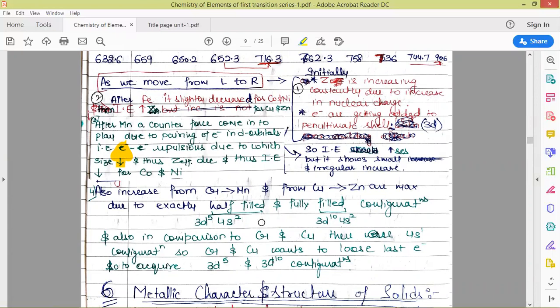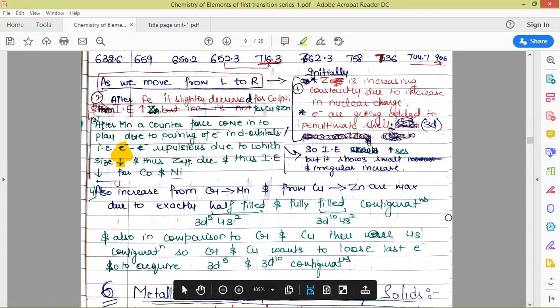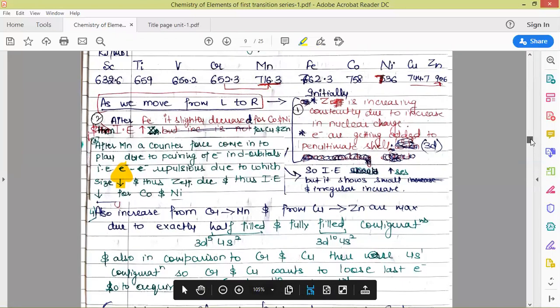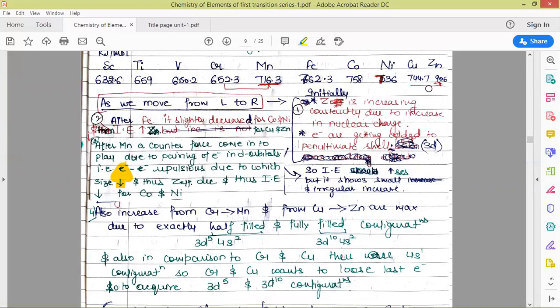Also, in comparison to these, the preceding members, copper and chromium are having comparable ionization energies, or we can say not much increase is there.